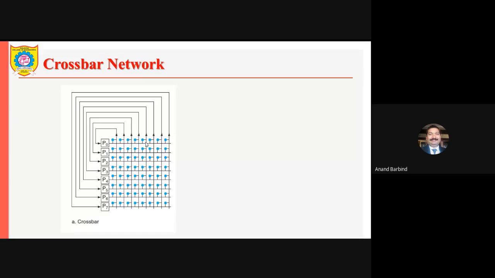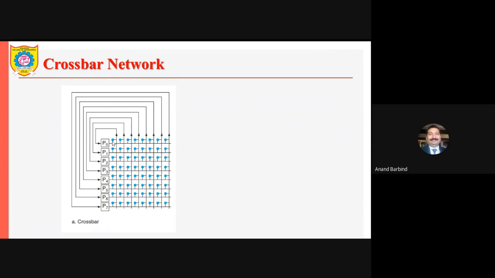Then this is the crossbar network, to connect between the processors. So crossbar, it stands for there are 8 horizontal lines and 8 vertical lines, and wherever these horizontal and vertical lines are crossing each other, you have a switch over there.